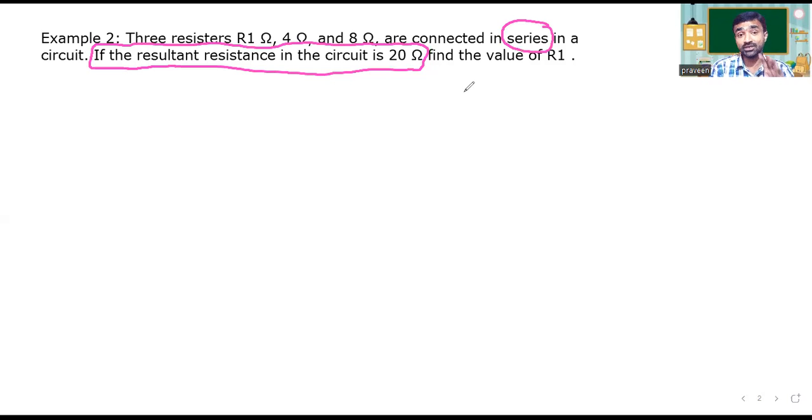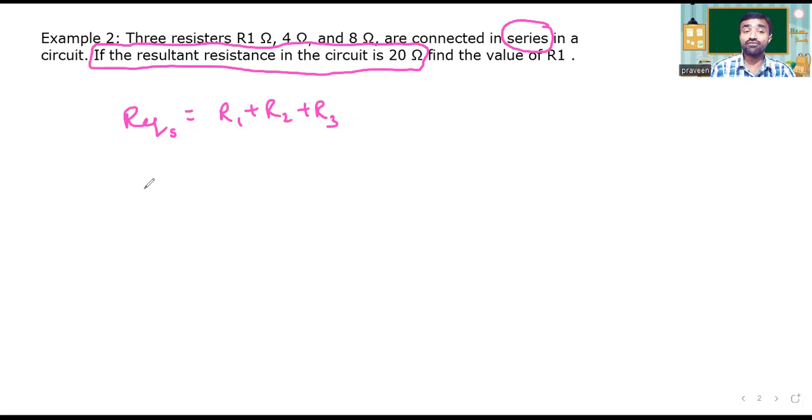If you connect them in series combination, the equivalent or effective resistance will be taken as the sum: R1 plus R2 plus R3. Here only three resistors are given, so there is no need to write the extra terms. This is enough. Then how to solve this one?